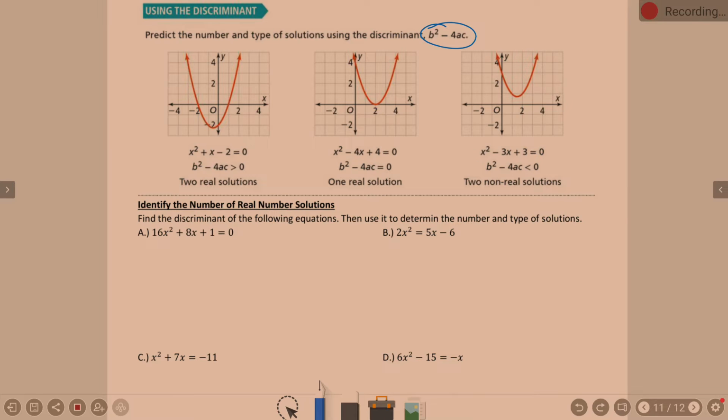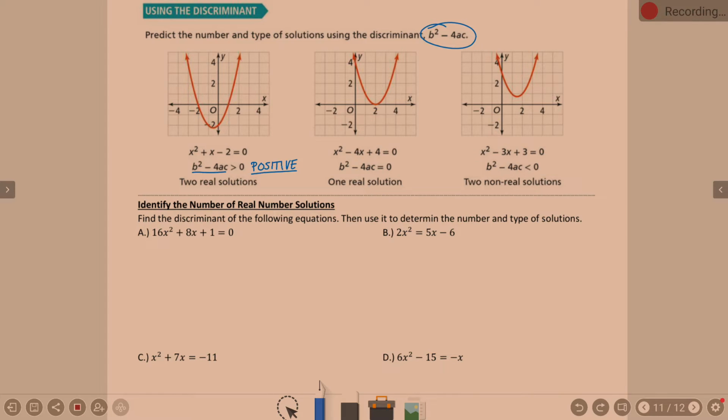So, for an example here, in an equation like this, x squared plus x minus 2, the equation that goes with this graph, you would get b squared minus 4ac to be greater than 0. Now, what do I mean when I say greater than 0? Mathematically, I'm saying that if something is greater than 0, it is positive.